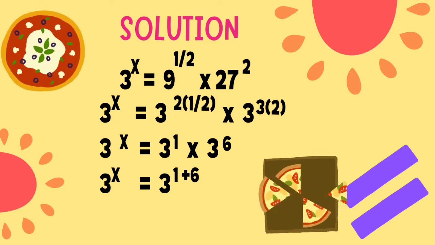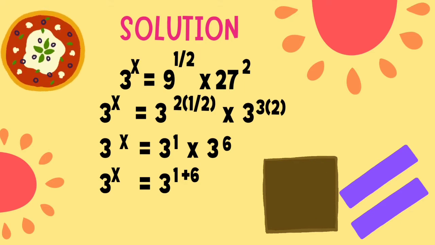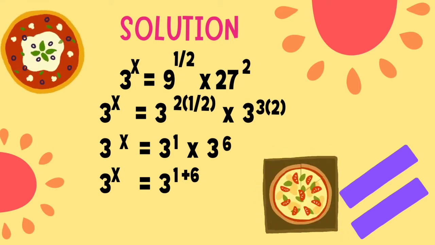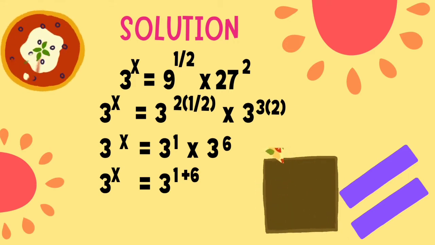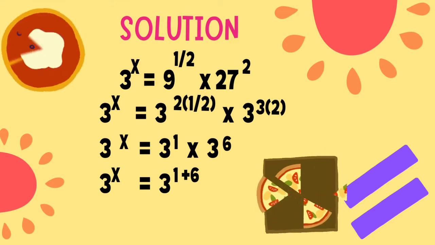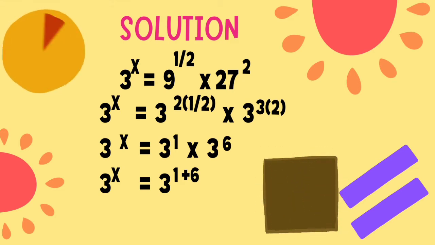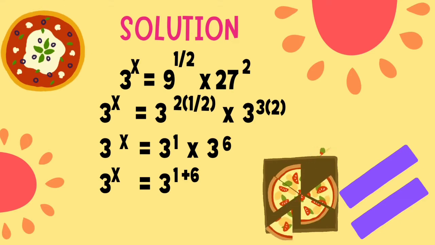And so 9 raised to power half will become 3 raised to power 2 bracket 1 over 2, while 27, which is 3 raised to power 3, will become 3 raised to power 3 bracket 2. So we then apply the laws of indices to the right hand side of the equation. But before we do that, 2 bracket half is the same thing as 3 raised to power 1. Then 3 bracket 2 is the same thing as 3 raised to power 6.